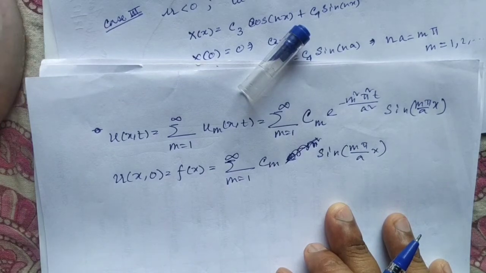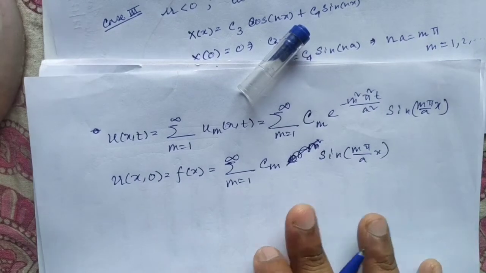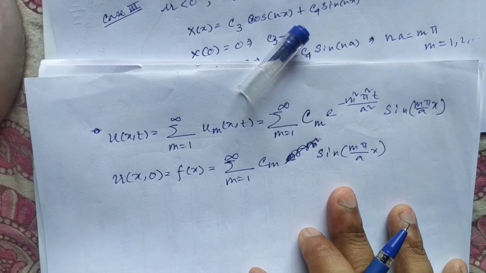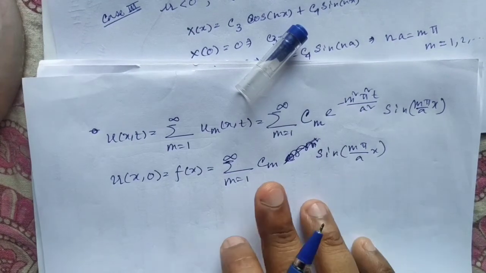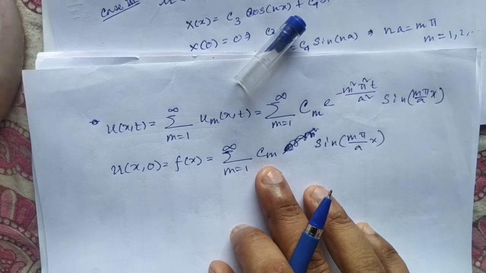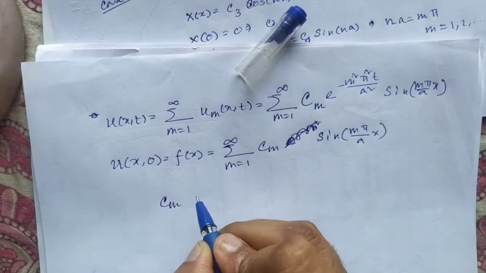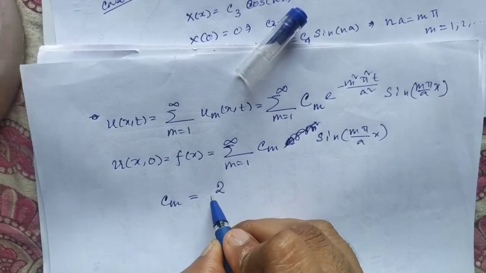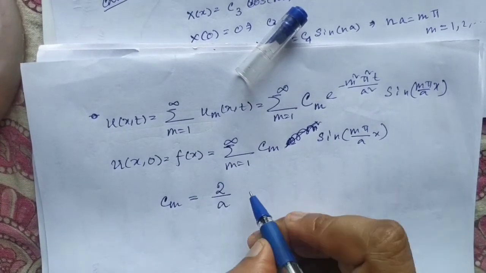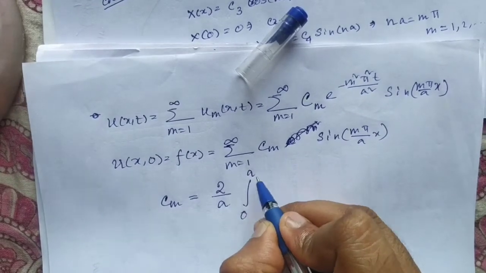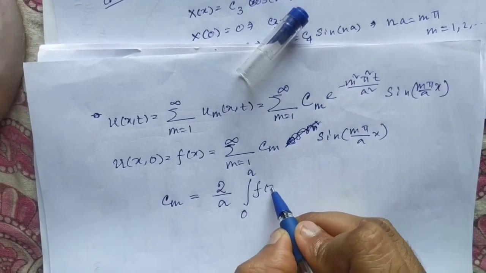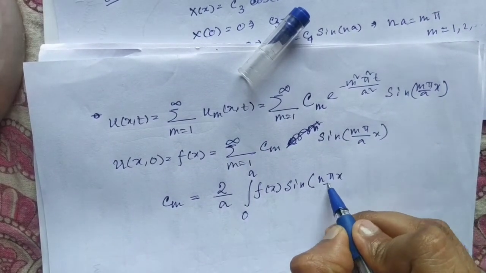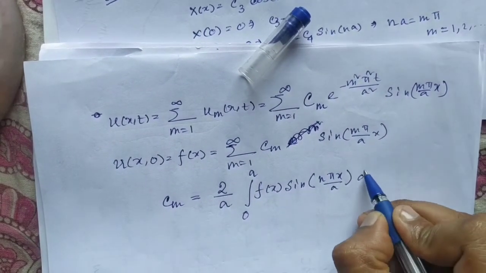So you know that whenever such a thing can be written, this is actually a Fourier sine series. So using that, you can write your constant cm is equal to 2 over a integration 0 to a f(x) sine of n pi x over a dx.